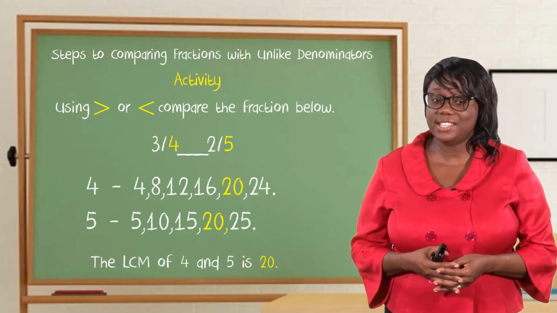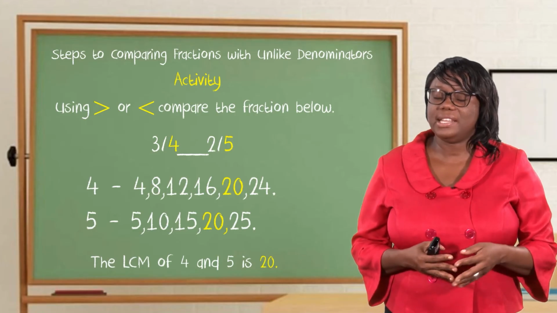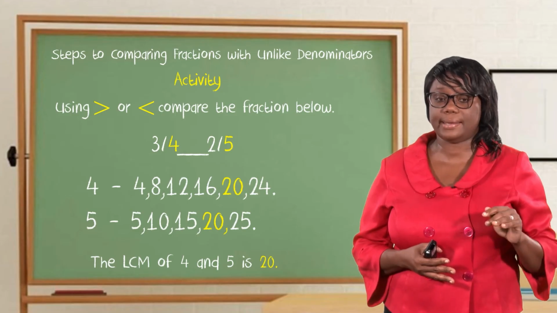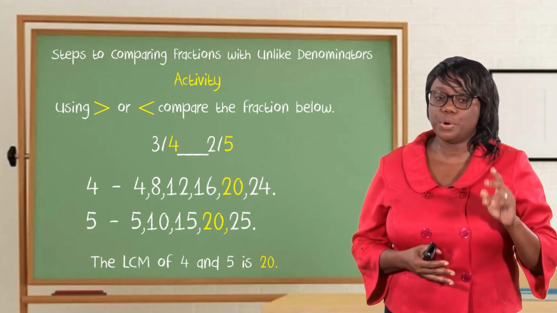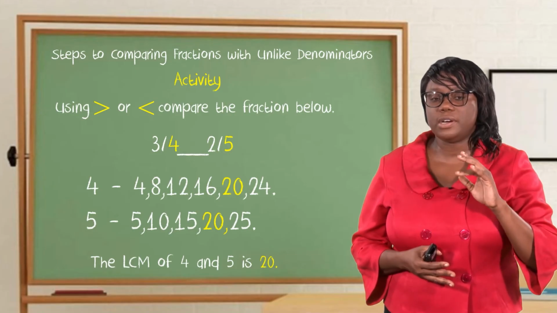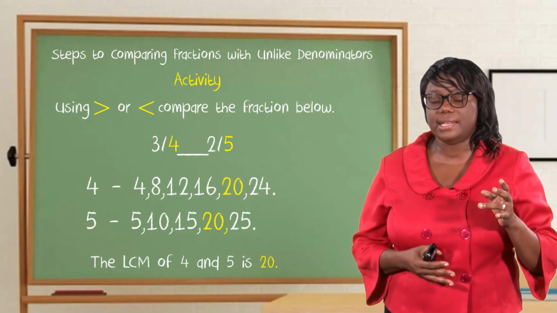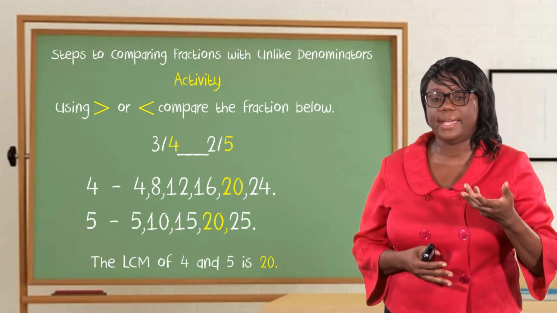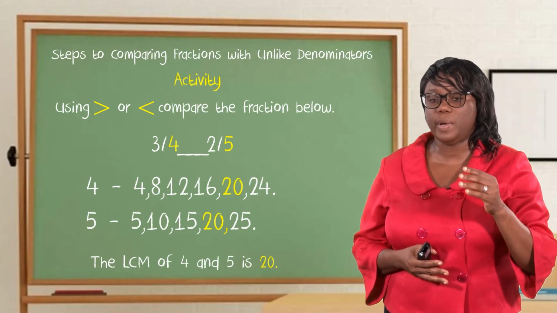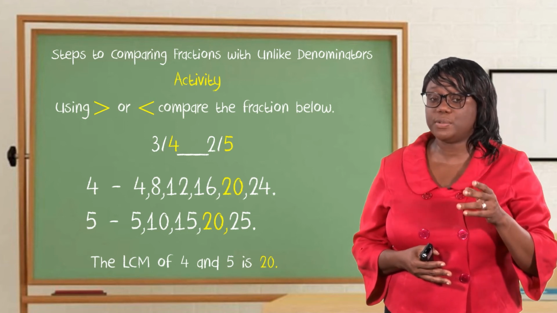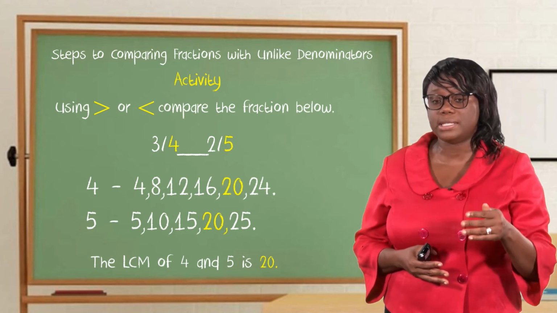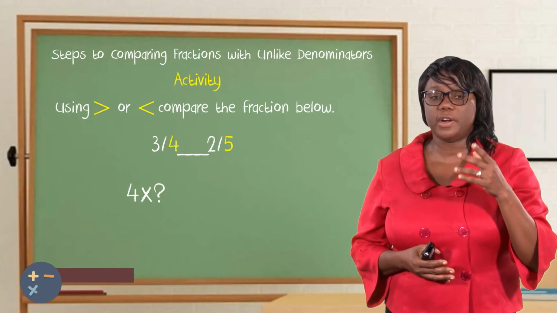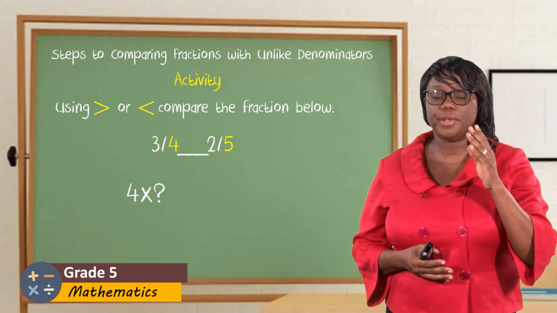Now let's continue. The next step says that we have to make the fractions like. So we have to look at the denominators again and see what we can multiply them by to get the LCM 20. And of course, we know that what we do at the bottom, we must also do at the top. So the first fraction, 3/4.